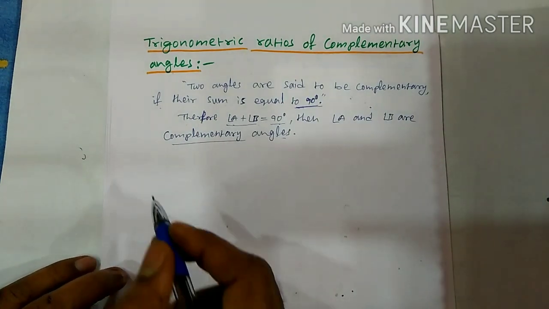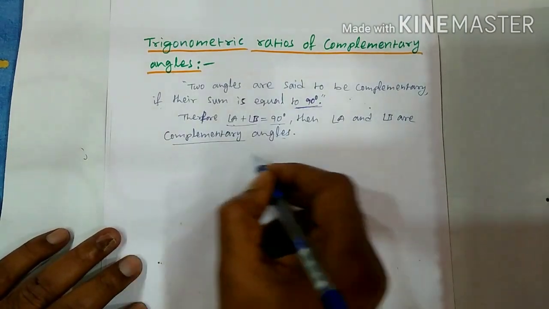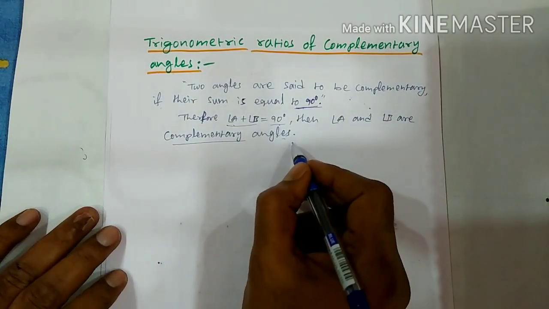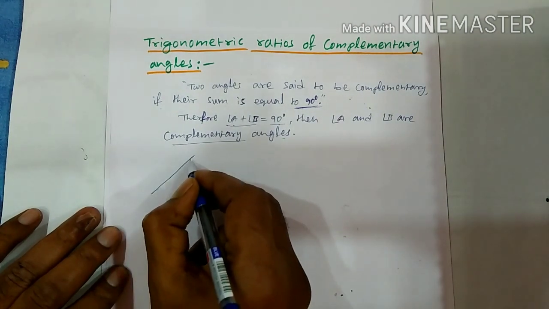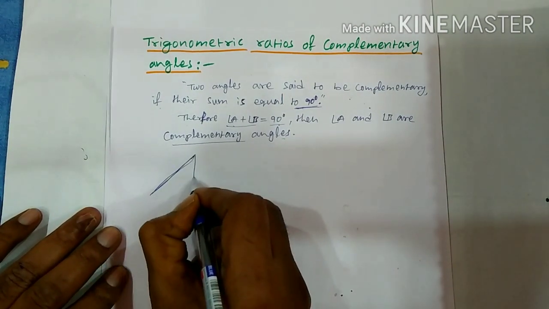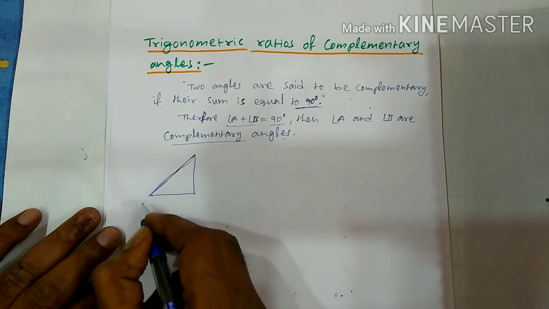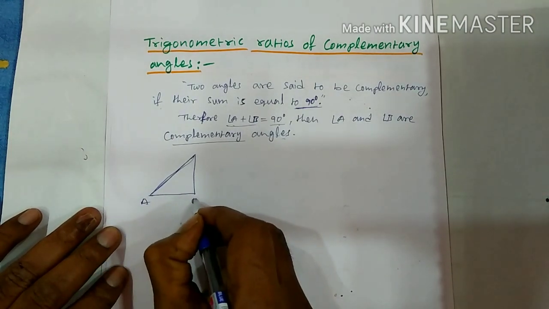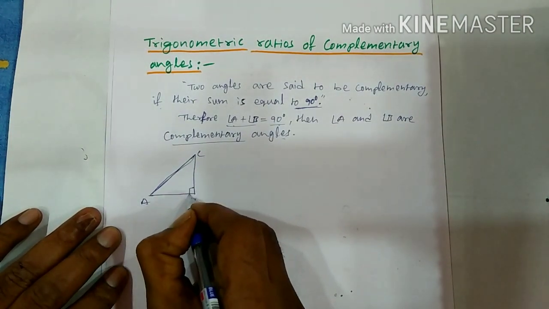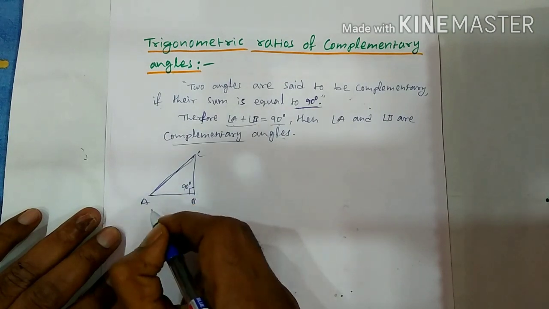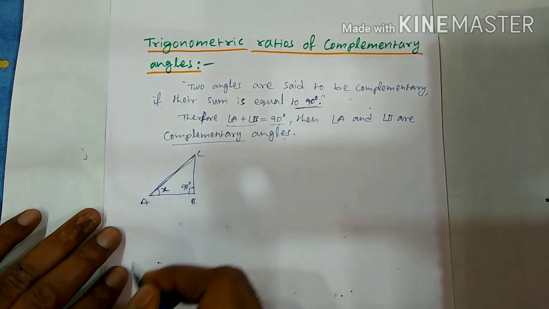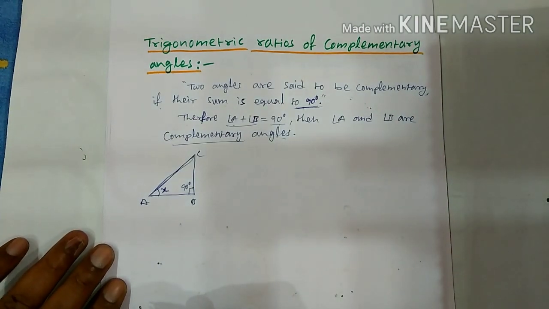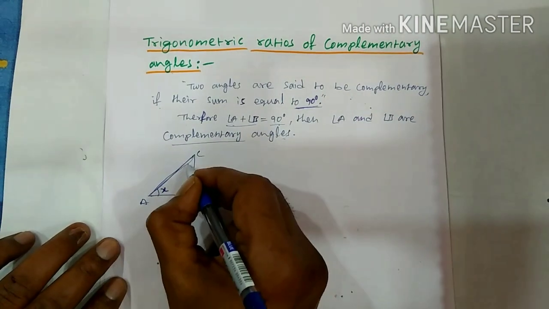Now this complementary angles idea we should apply for the trigonometrical ratios. This is one triangle ABC. This is a 90 degrees right angle triangle. One angle, let it be X. So what is the second angle?